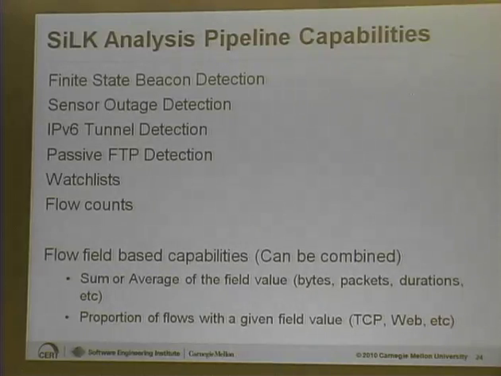You can do some sensor outage detection, just basic network monitoring, right? You see traffic volumes start to slow down or drop off completely, spit out an alert. We've got some algorithms around IPv6 tunnel detection, looking for passive FTP. Most common is watchlist hits, right?